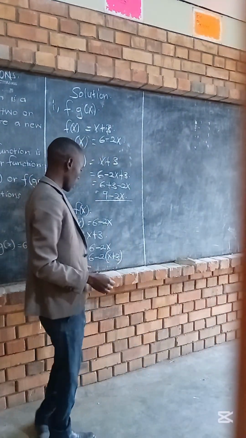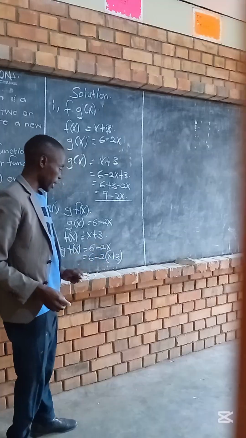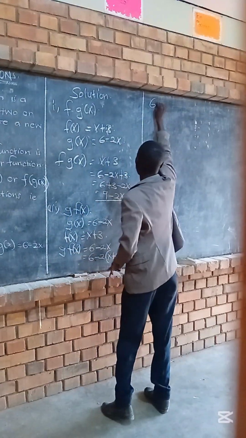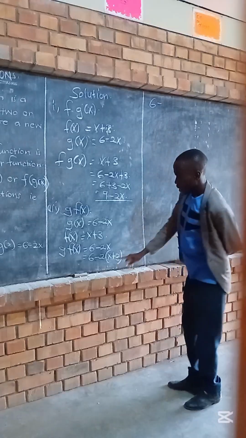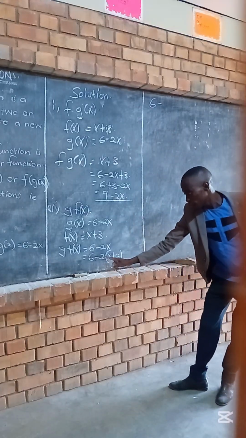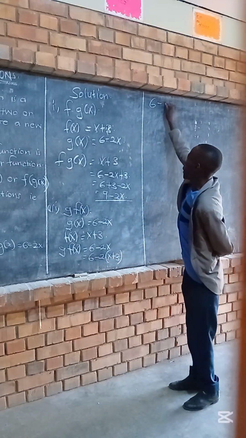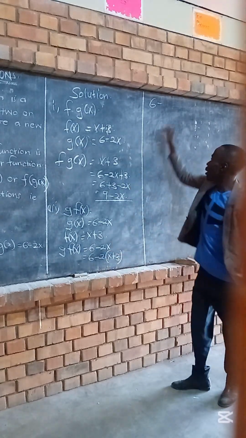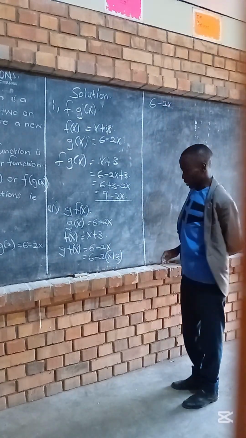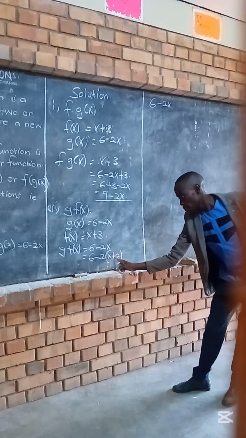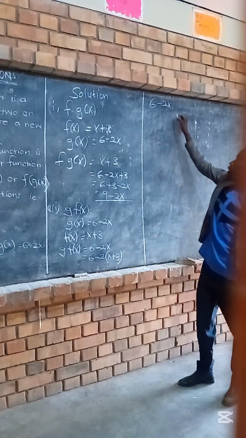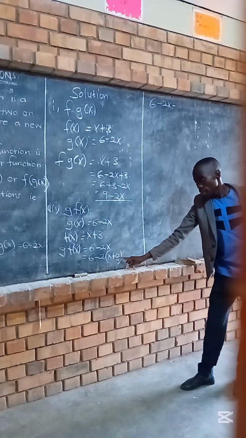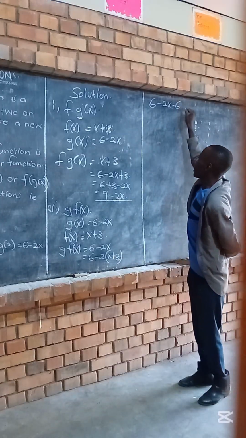Here we have to first remove brackets. We get 6 minus a negative and a positive, we get a negative. 2 times x, we get 2x. A negative times a positive, we get a negative. 2 times 3, we get 6.